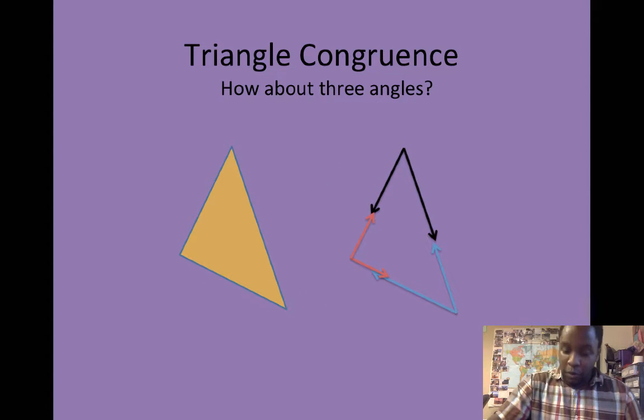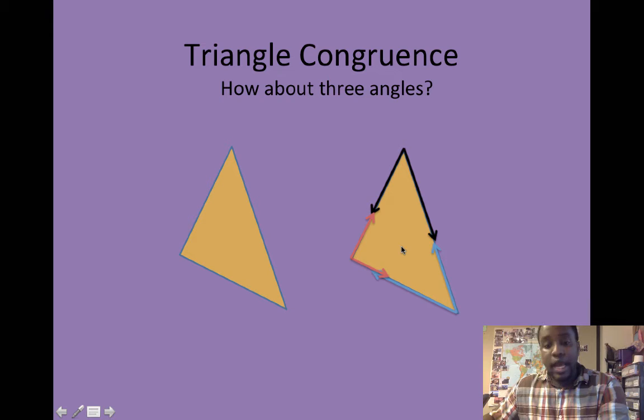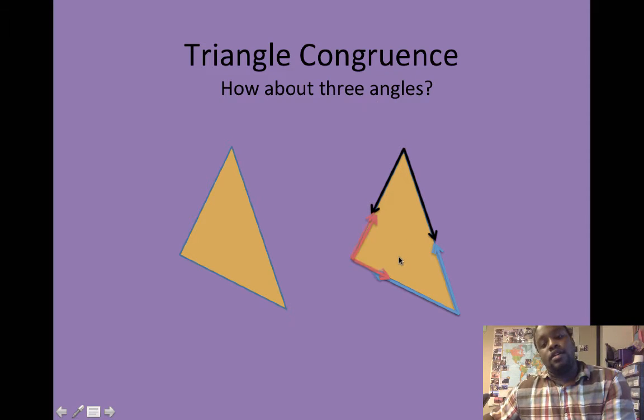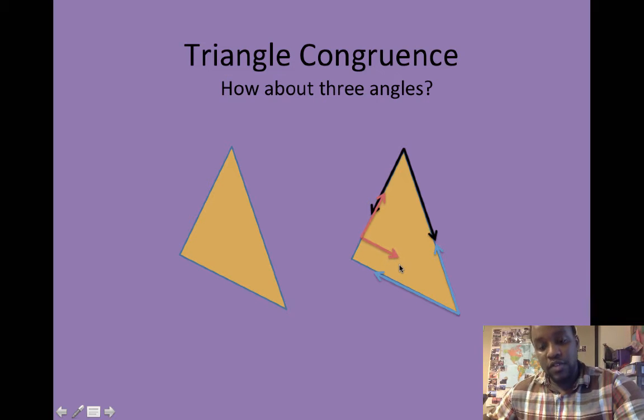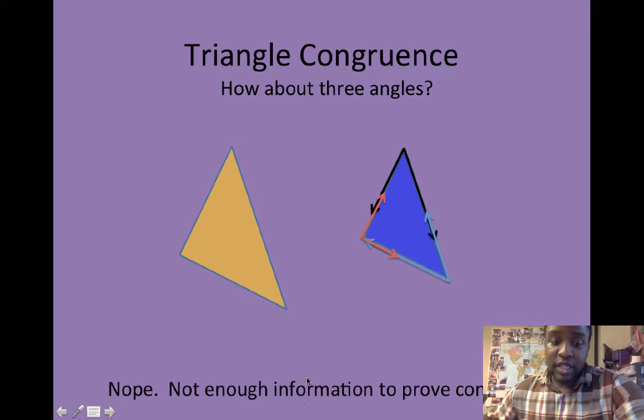So far these 2 triangles are congruent, but what we can do is change it up a bit. Move that angle over, and look, these triangles are not congruent anymore. So basically, not enough information to prove congruence. Having 3 congruent angles is not enough information to prove the triangles congruent.